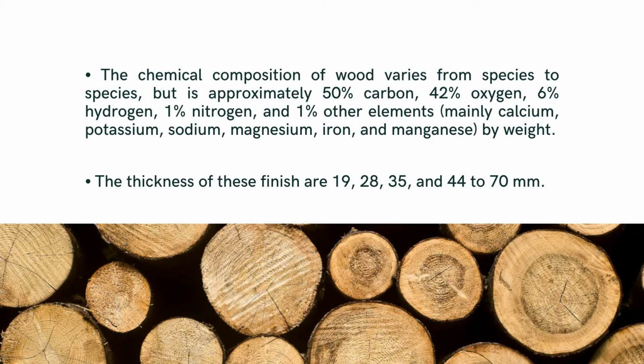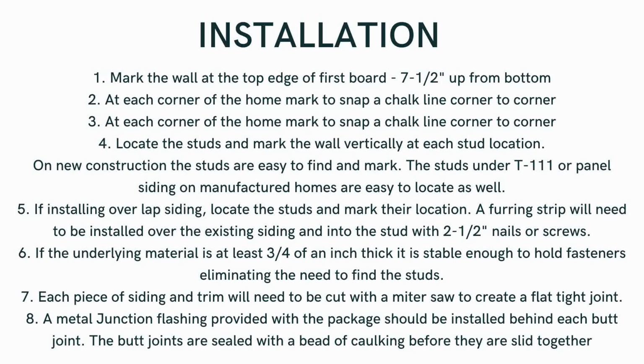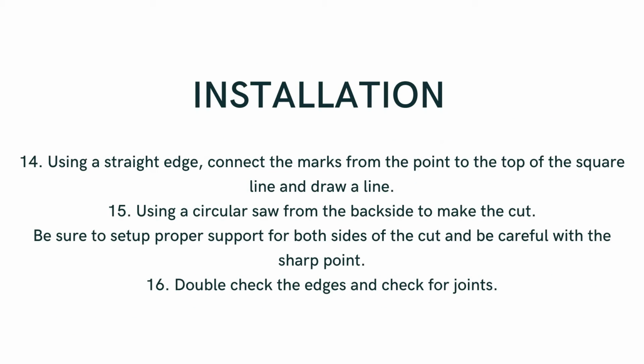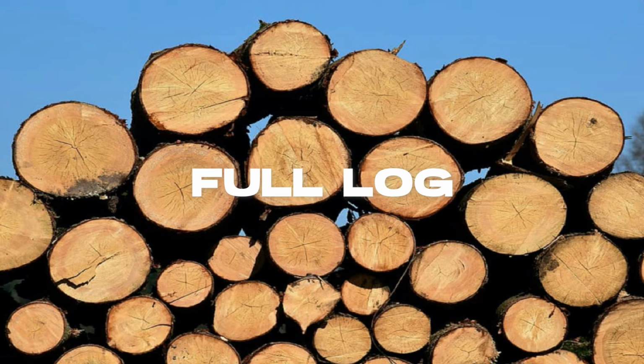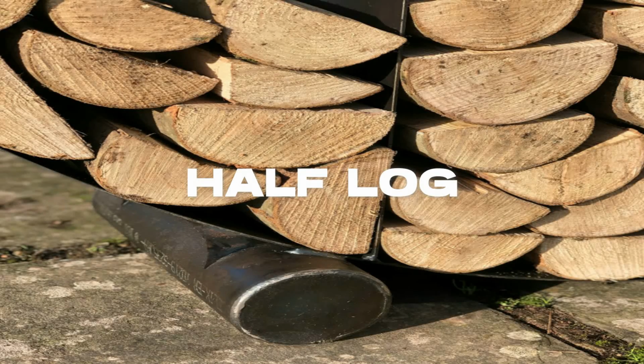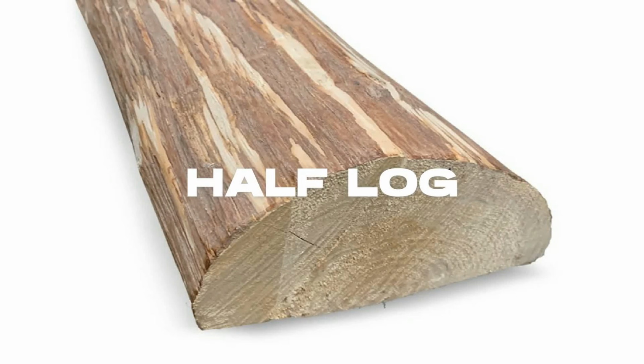The chemical composition of wood varies from species to species, but is approximately 50% carbon, 42% oxygen, 6% hydrogen, 1% nitrogen, and 1% other elements, mainly calcium, potassium, sodium, magnesium, iron, and manganese by weight. The thickness of these finishes are 90, 28, 35, and 44 to 70 millimeters.